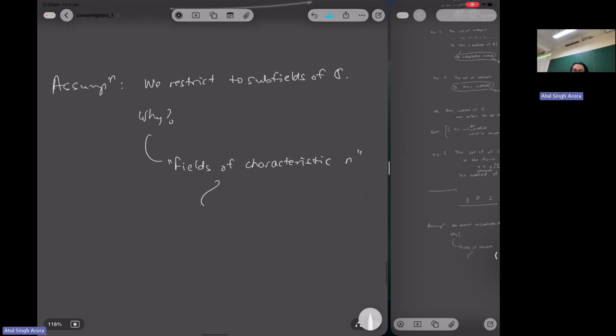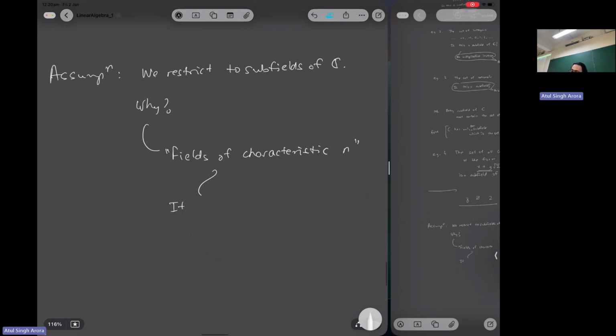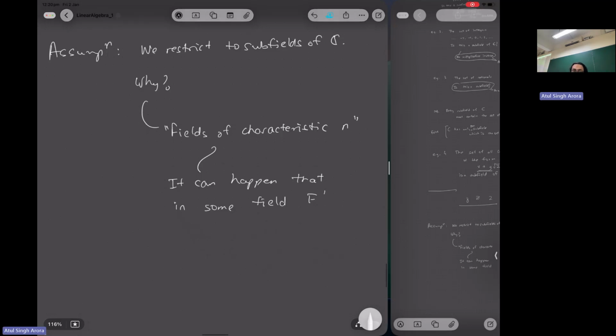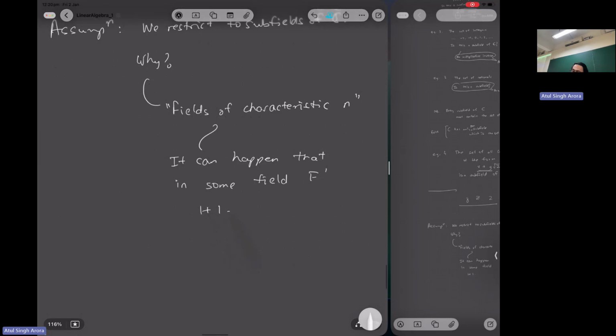What that means is that it can happen that in some field, say L prime, 1 plus 1 plus 1, n many times, gives you 0. It doesn't violate any of the axioms. You can do this, and this causes issues with the kind of discussion we're going to have.